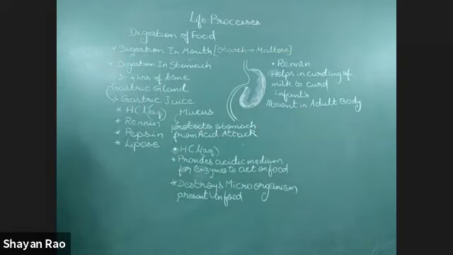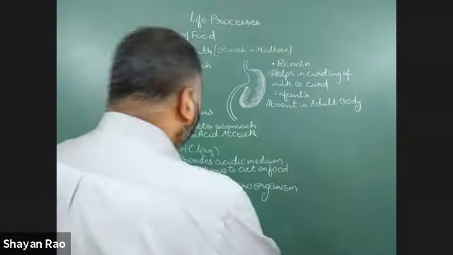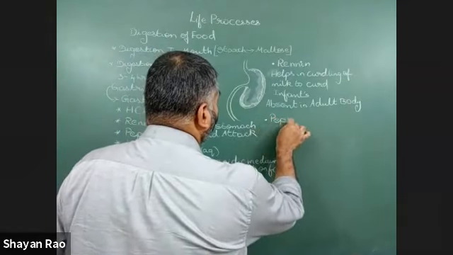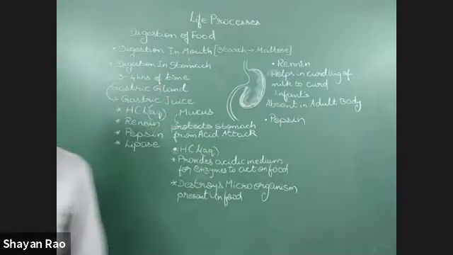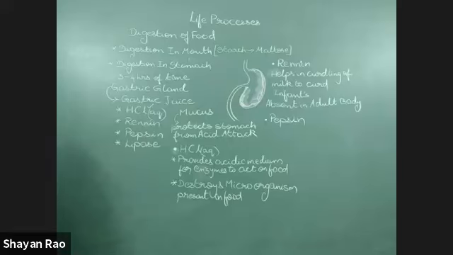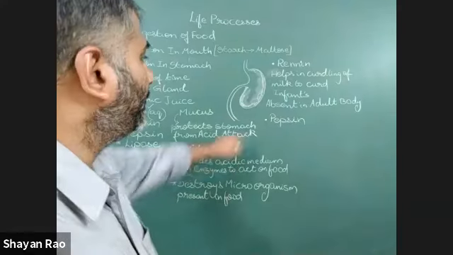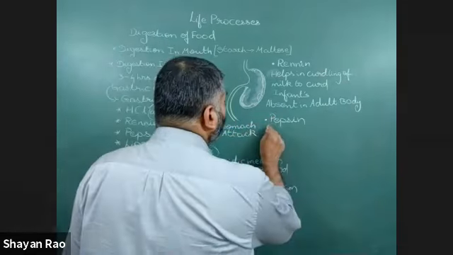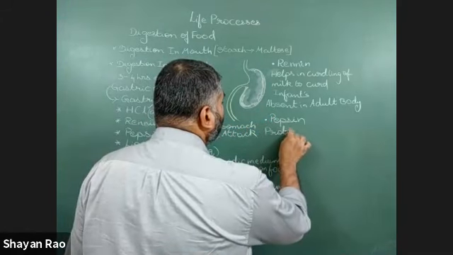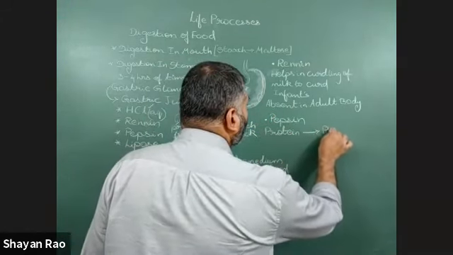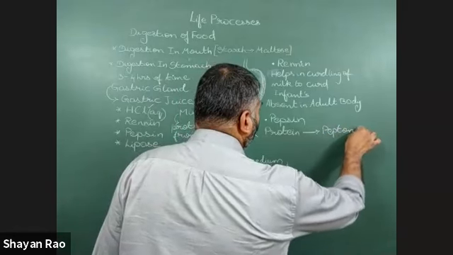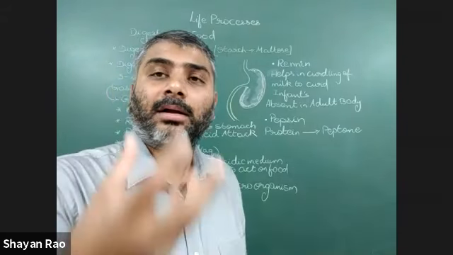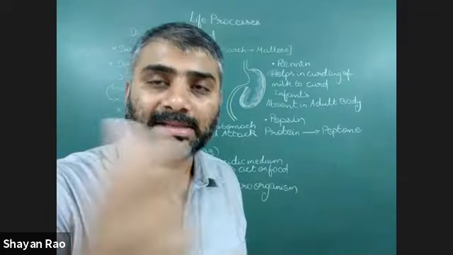Okay, fine. Now next, let's understand the importance of pepsin. What does it do? Pepsin is the important material required for the conversion of protein to peptone. Milk has protein, curd has protein, paneer has protein.